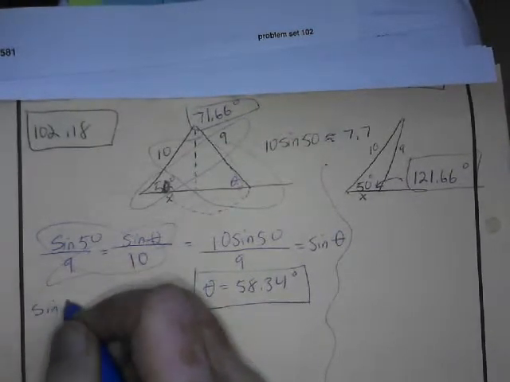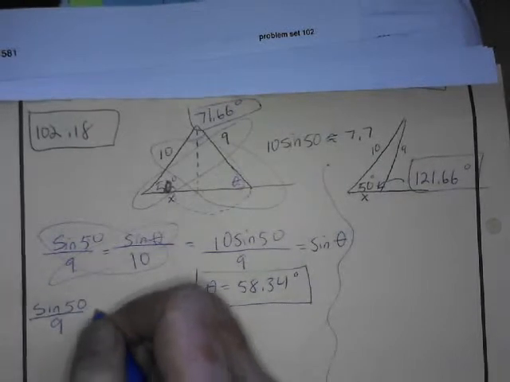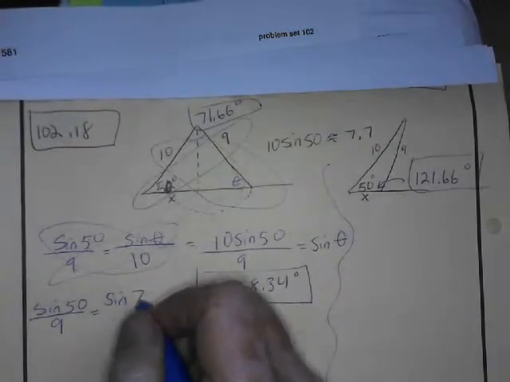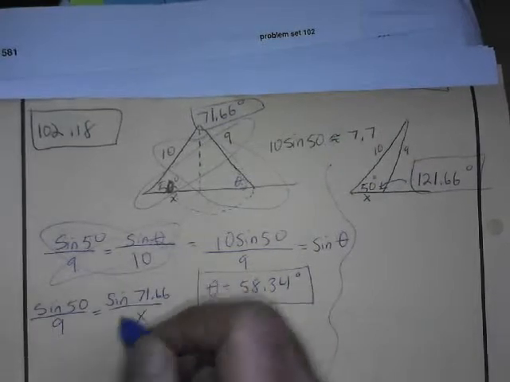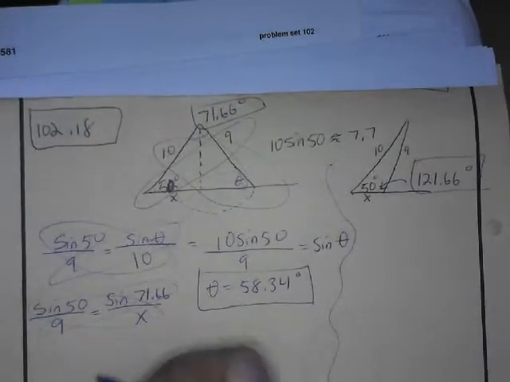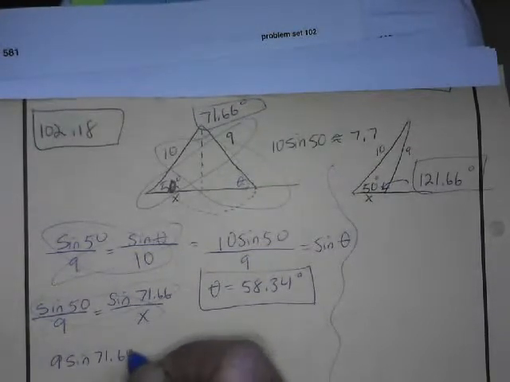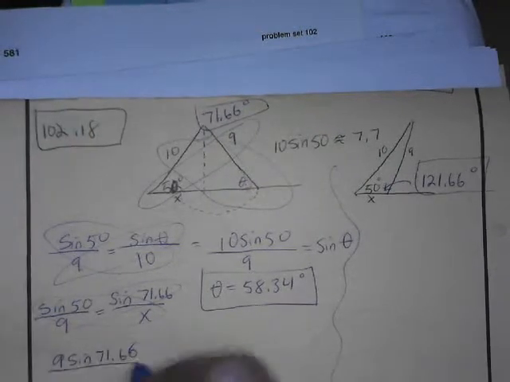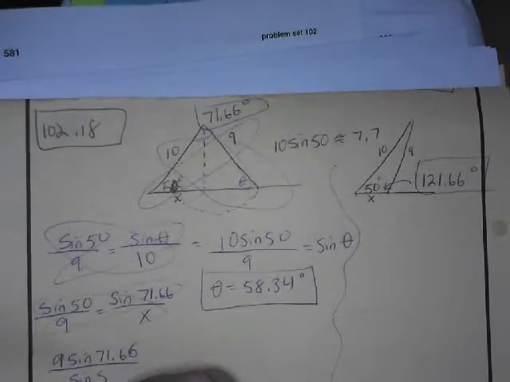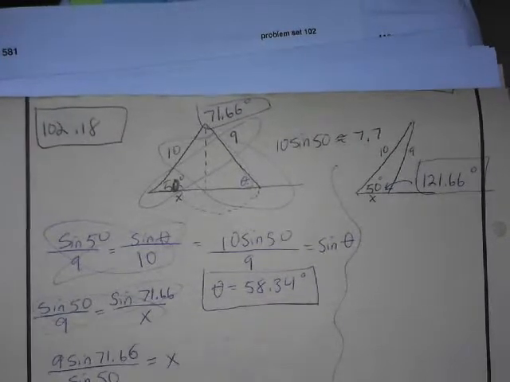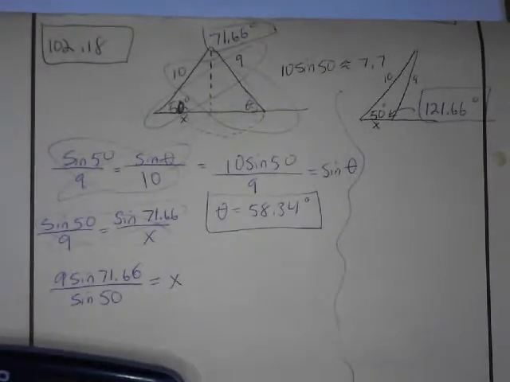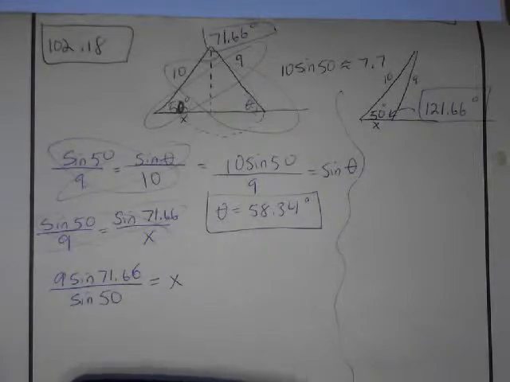So I'm going to say sine of 71.66 is to X. Cross products, that's going to give me 9 times sine of 71.66 divided by sine of 50 equals X. I got 11.15.